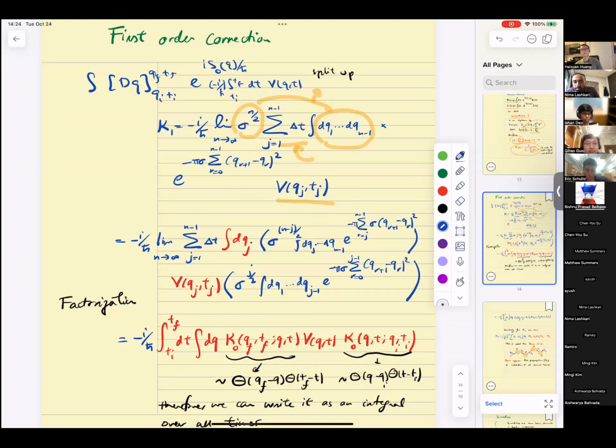This was our K1. So what I'm going to do is take this integral, discretize it, and put it inside the path integral, and now it's just a bunch of moments of a Gaussian integral.